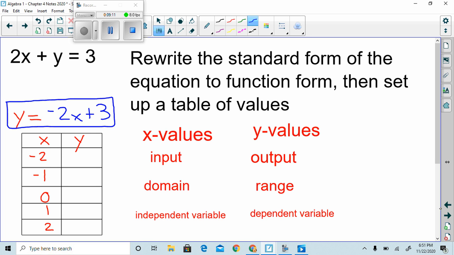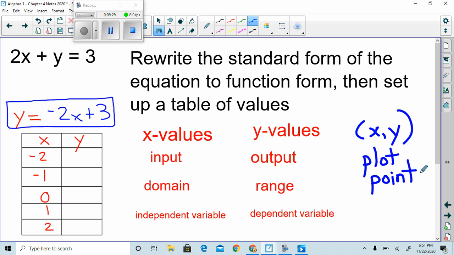What's the domain? It's your x values, your input, or your independent variable. Your job is then to get your y values. So once we have our x's and y's, our ordered pairs, we will plot those points. We'll connect the points, and we'll have the graph of an equation. And that's all there is to the first section.